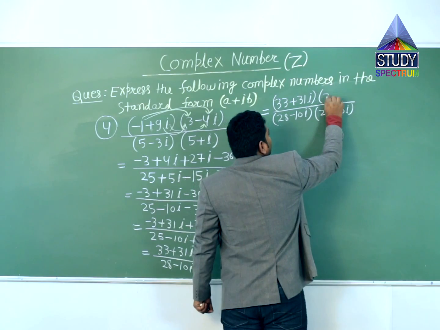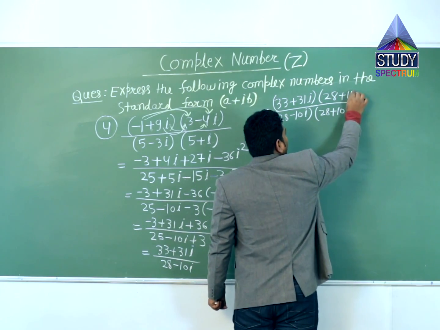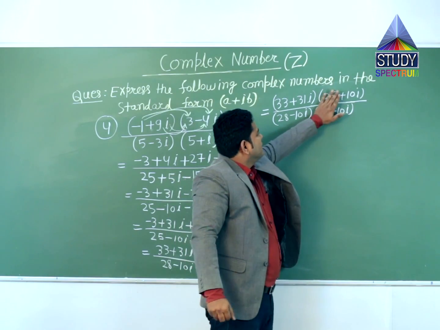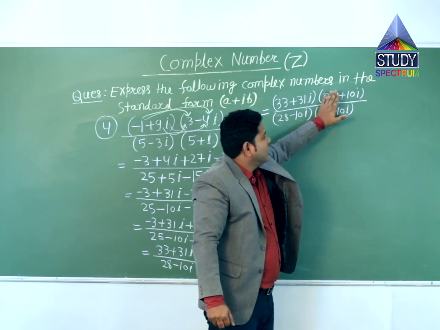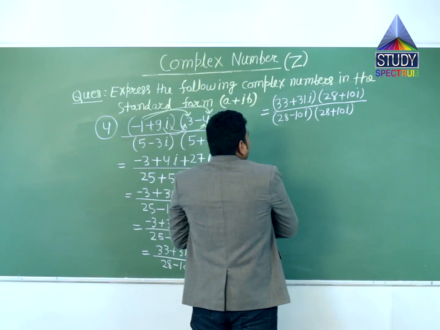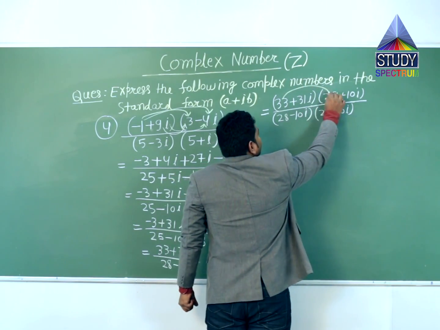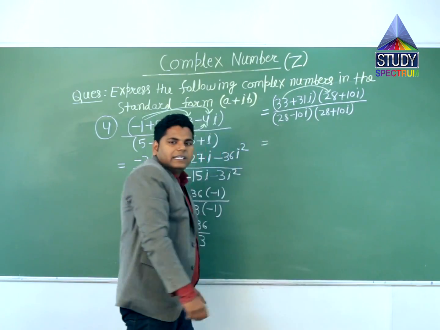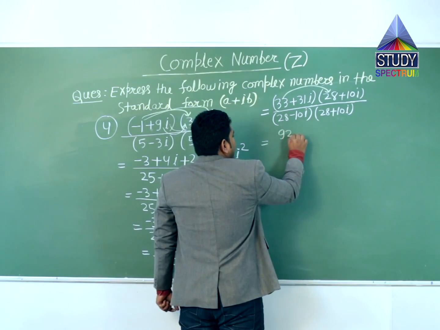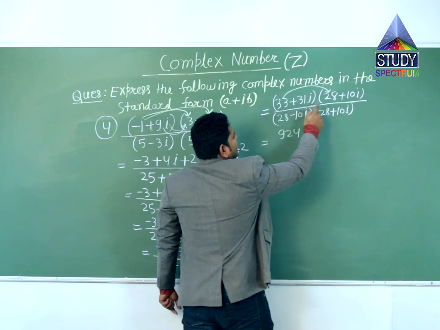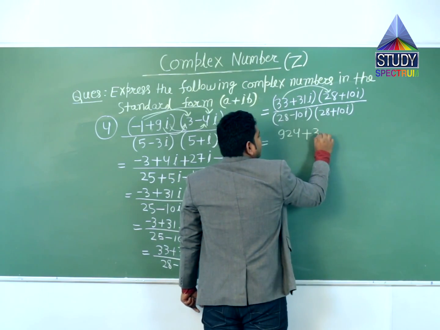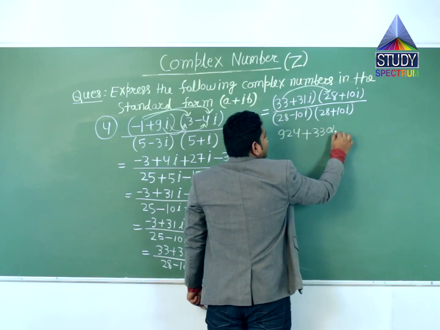So we'll multiply in the numerator also. Because when these two terms are cancelled out, we are left with this term. Okay. Now 33 into 28. So 33 into 28 will be 924. 33 into plus 10i. So plus into plus is plus. 33 into 10 is 330, and i is there.